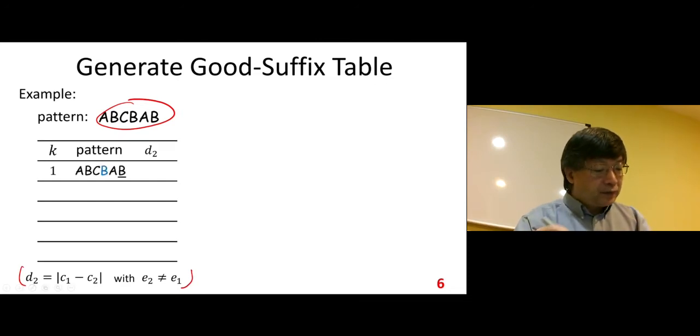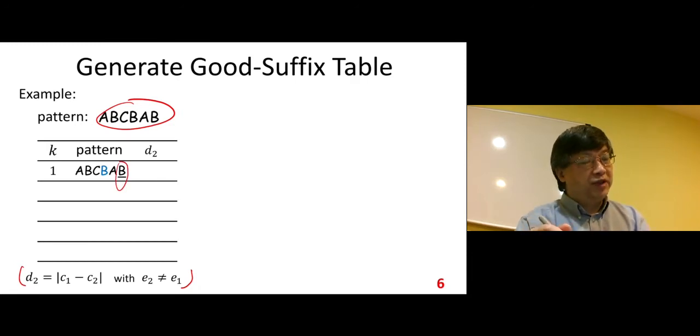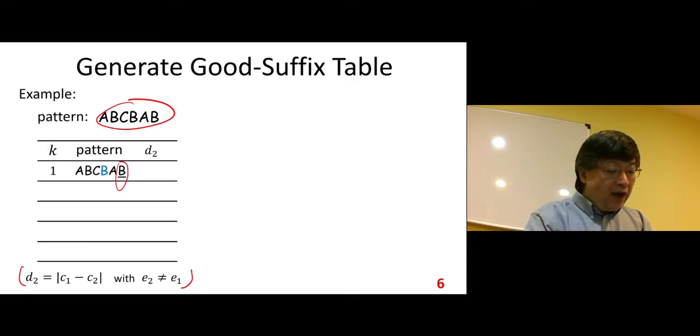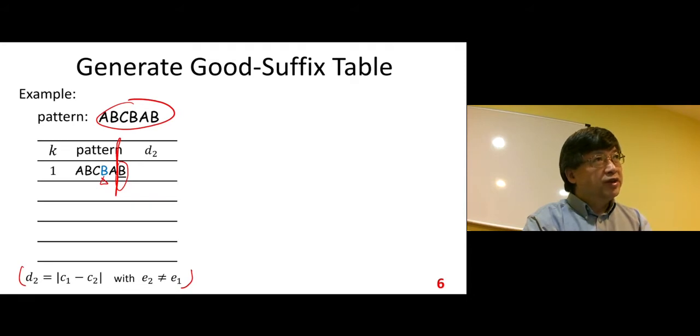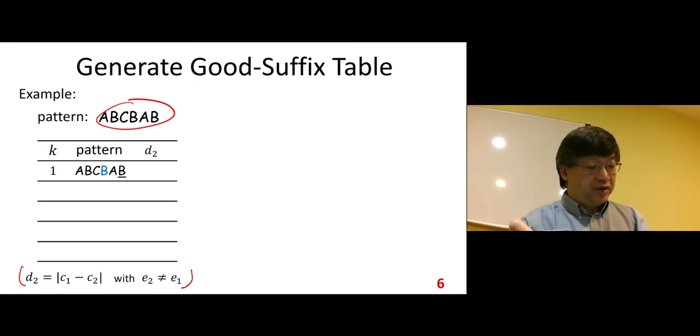When K equals 1, we consider the suffix of length 1. This underline is the suffix part. Then what is the first character matching this one? First the suffix, you're matching the whole suffix. So that's this B in blue color. What is the position difference? 2.